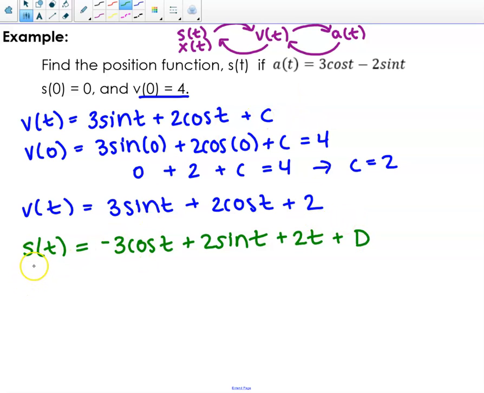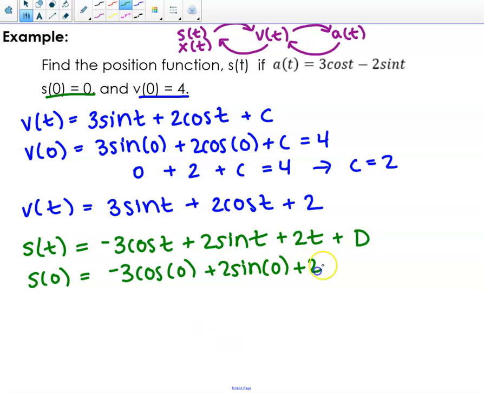And then we have a constant, and we're going to use d because we already used c in the same problem. So we know s of 0 is 0, so I'm going to plug in 0 for t. So negative 3 cosine of 0 plus 2 sine of 0 plus 2 times 0 plus d, and that's equal to 0. So cosine of 0 is 1, so negative 3 times 1 would be negative 3.